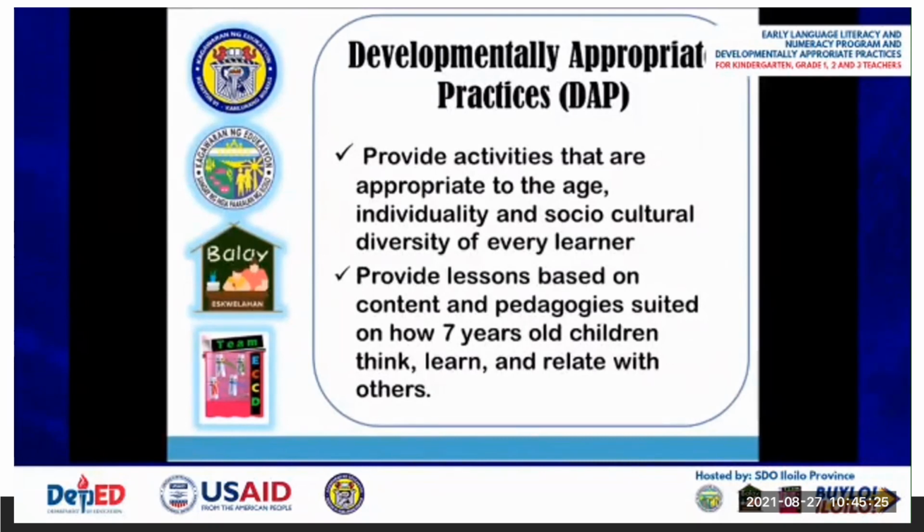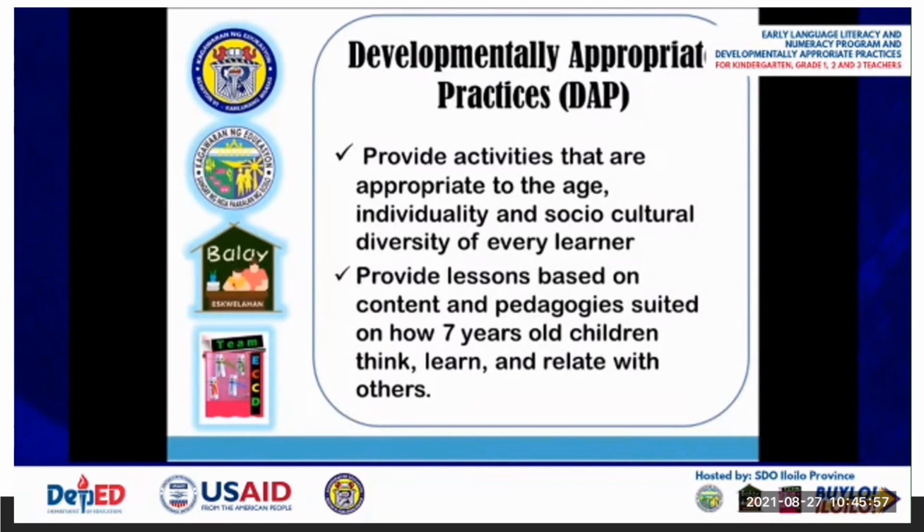Provide lessons based on content and pedagogy suited to how 7-year-old children think, learn, and relate with others. By providing developmentally appropriate practices, children can develop oral and communication skills, enhance self-confidence and socio-emotional maturity, and academic preparation for the next grade level.